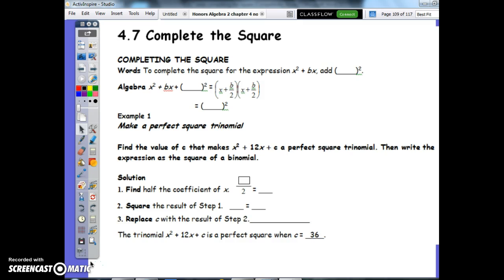Complete the square. Basically, you're taking half the middle term, so whatever your middle term is right here, you're taking half of it, and squaring it.